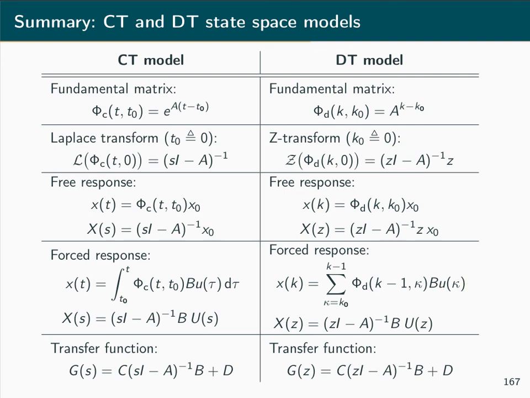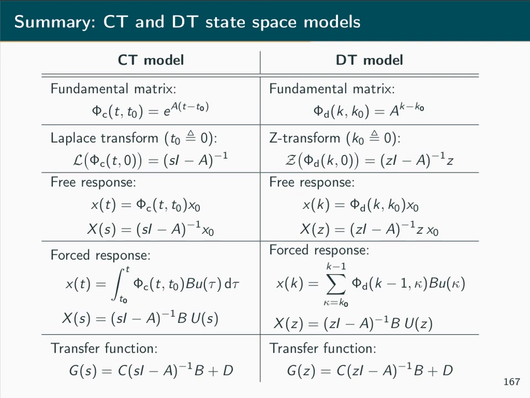In the continuous time case, it's given by the continuous time convolution between the fundamental matrix and the input signal, and in the discrete time case, it's given by the discrete time convolution between the fundamental matrix and the input sequence u of k. And these are the corresponding frequency domain transformations of the forced response of the state trajectory.